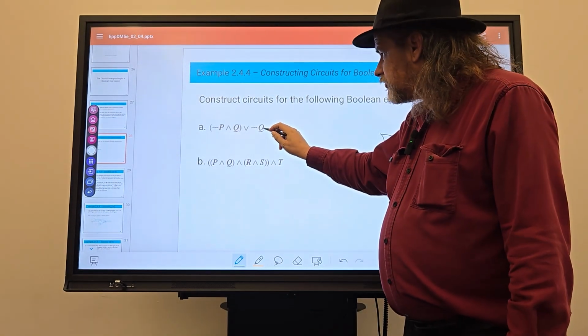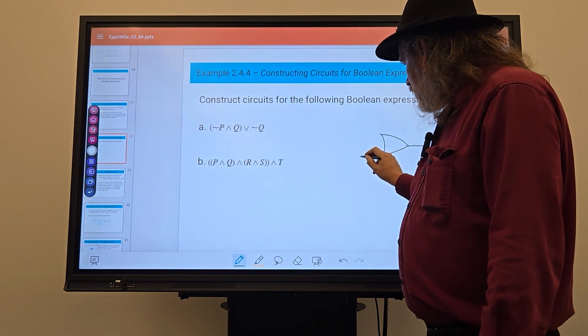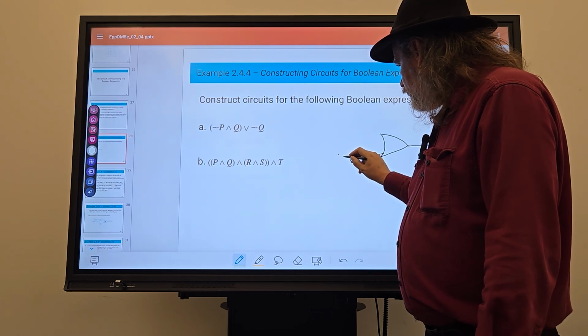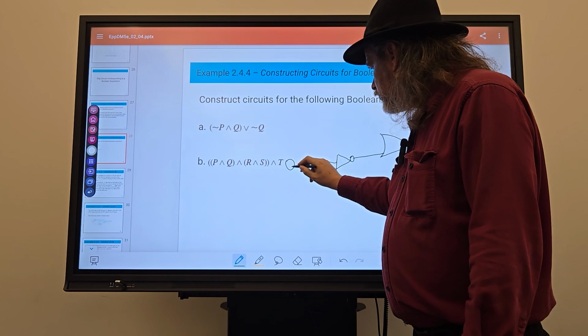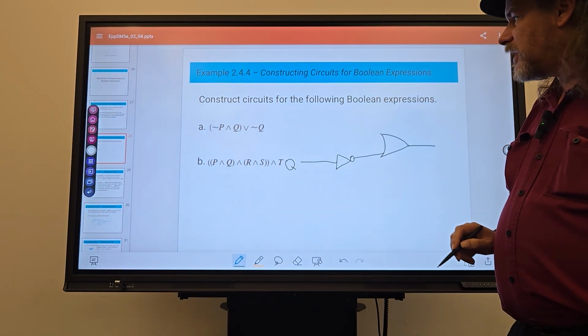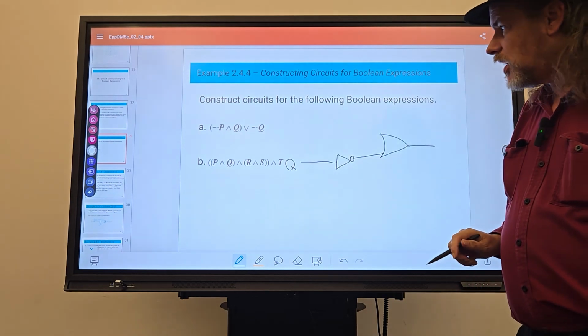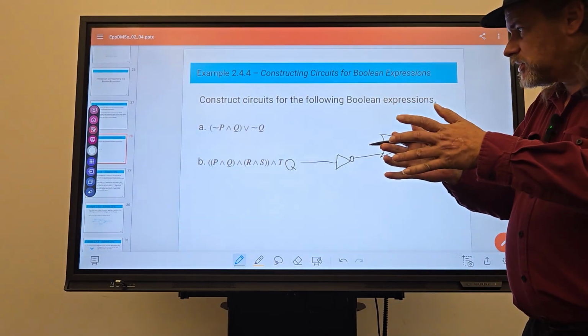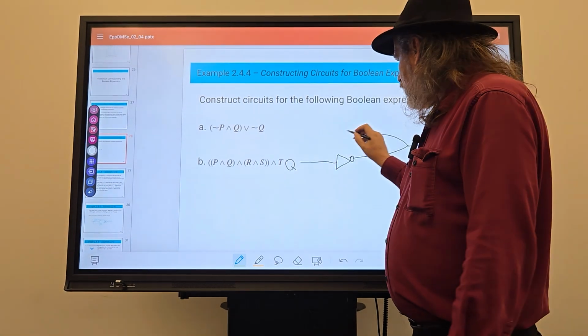And leftmost, what's that? Q inverted. So invert, and that goes to Q. And then here in parentheses, the next step in as far as parentheses is concerned is an AND operation.